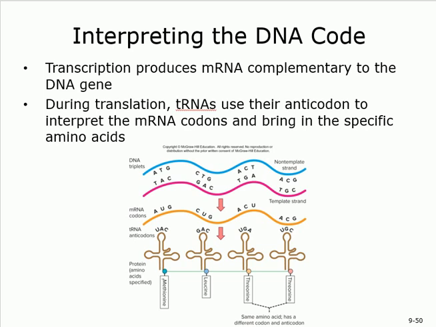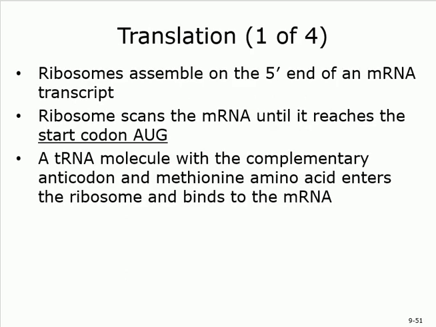So now we're going to interpret these codes into amino acids. Transfer RNA is going to come, fit its anticodon to the code on the messenger RNA. It's going to bring the amino acid, and then you're going to hold these amino acids together to make the protein.